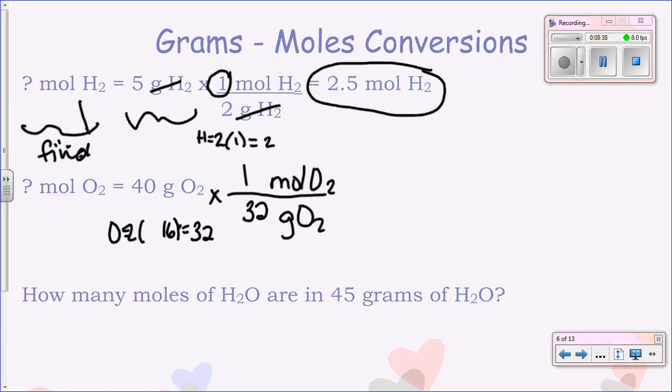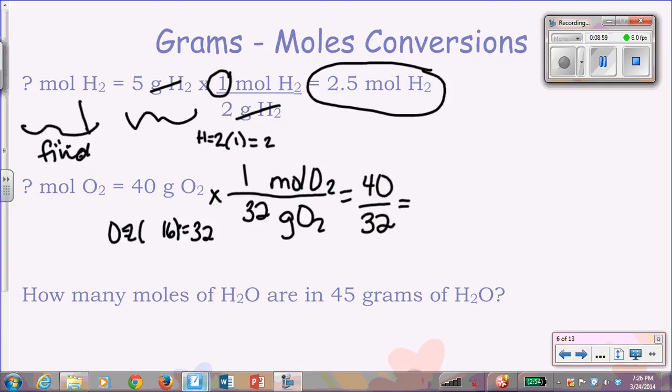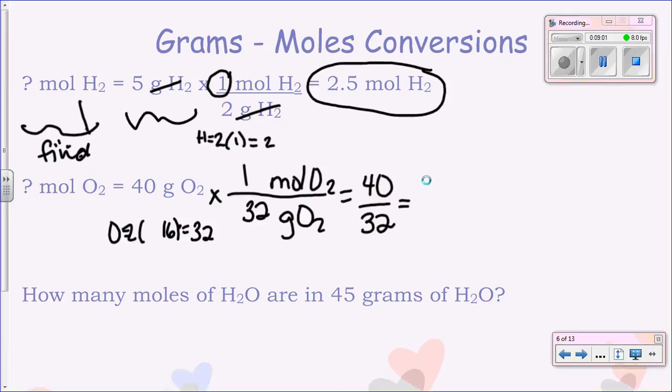So 32 will go there. Then we will multiply going across. We're going to take 40 times 1, which is 40, divided by 32. So that means our answer is going to be 1.25 moles of O2.